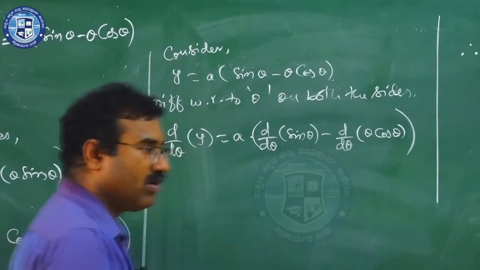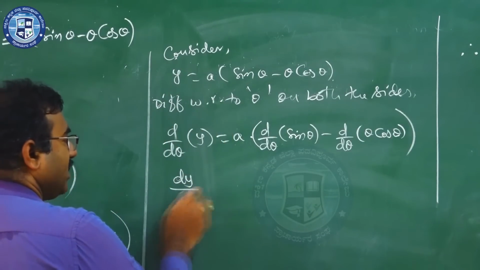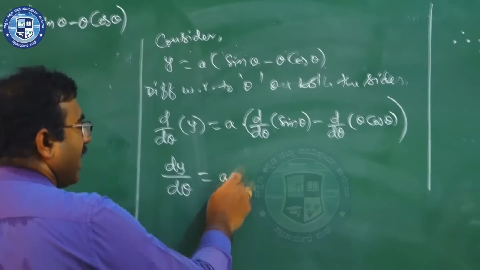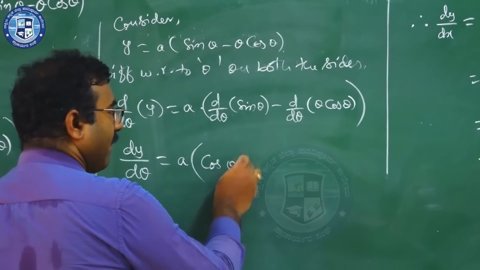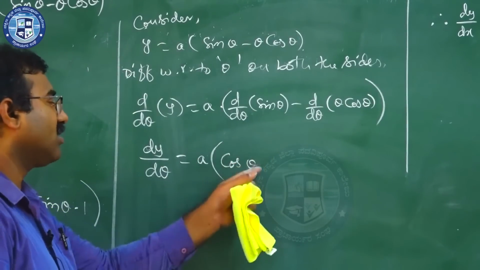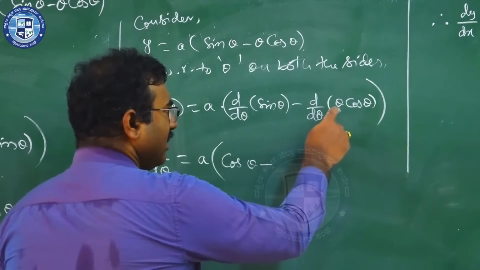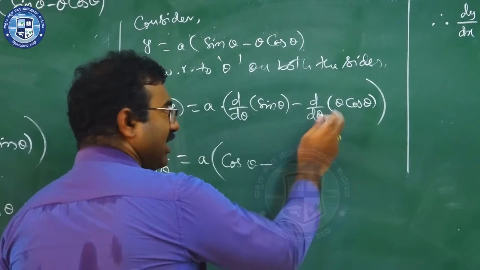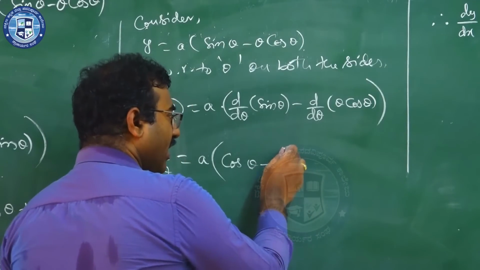Okay. So to the individual terms we applied. So dy by d theta is equal to a into d by d theta of sin theta, which is cos theta, right. So cos theta minus, the UV formula you have to apply. When you are applying it to two terms, here minus is there, so we should be careful.